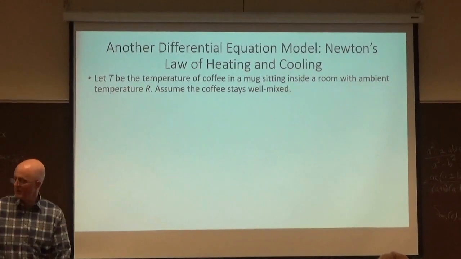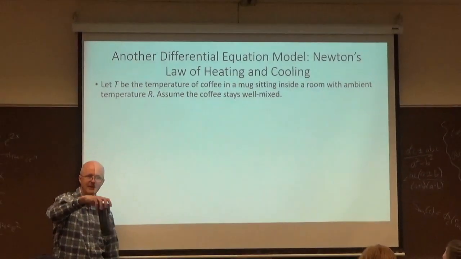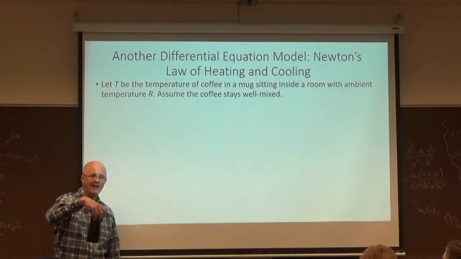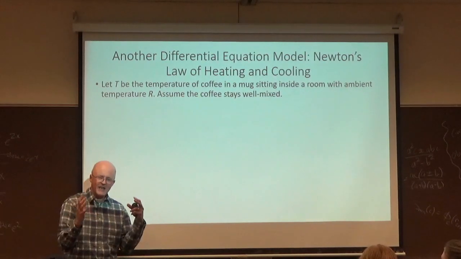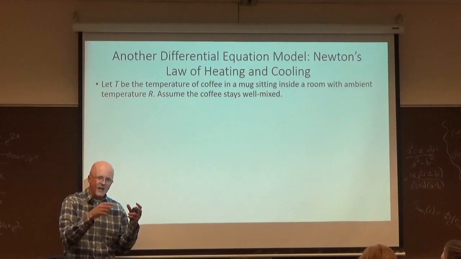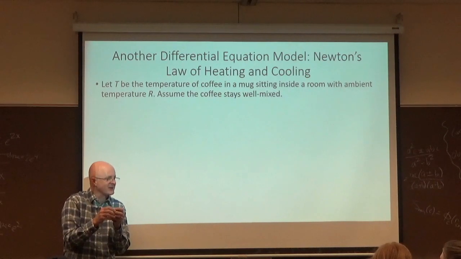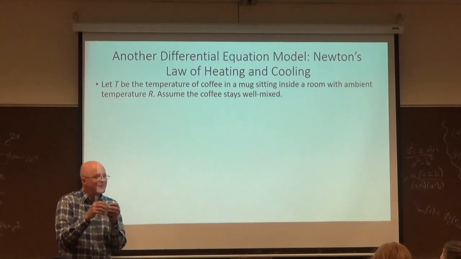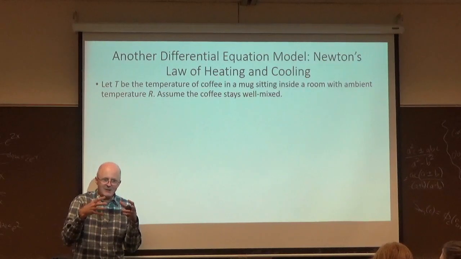Assume the coffee stays well mixed, okay? Keep swirling it around or stirring it or something. Why assume that? Because if you don't, then spatial effects come into play. If you're not stirring it, the molecules in the center would be hotter than the molecules near the edge, right?